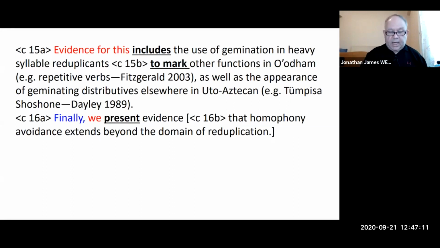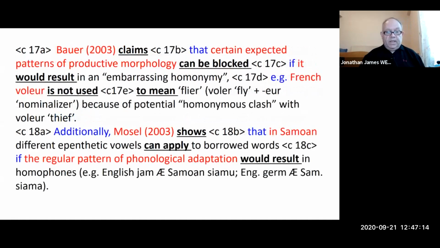And this describes that kind of evidence. 17. Bauer, 2003, grammatical subject, claims, straightforward. Projected clause, that, textual theme. Grammatical subject, certain expected patterns of productive morphology. Can be blocked, predicate, process. 17C, if, grammatical subject, verb. 17D, for example, textual. French voler is not used.